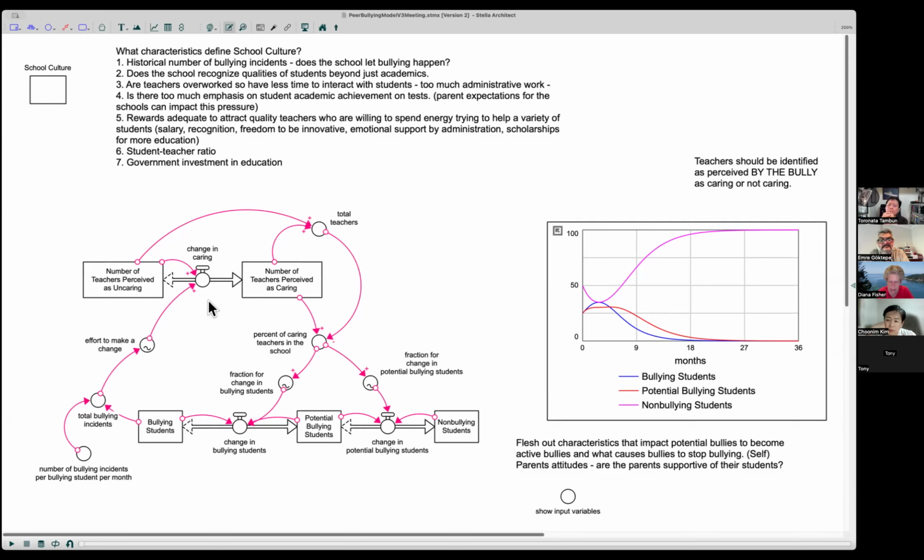So we really need to play around with this basic piece until we have it operating in a way that makes sense before we add anything else. We want to keep it as small as we can.